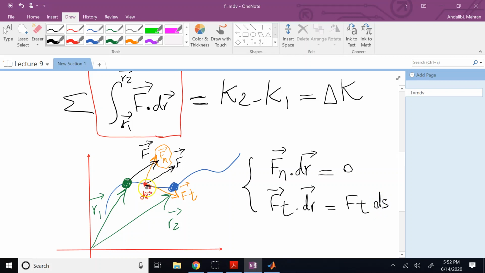Okay, again, ds is the length of the curve on the path, the travel distance, very small. dr is the change in the position vector. But because that triangle is very, very small, the arc and the straight line are almost the same. So I can replace it with this one, and I can say the normal component does not do anything, right?